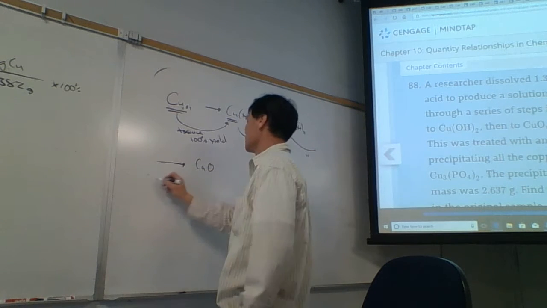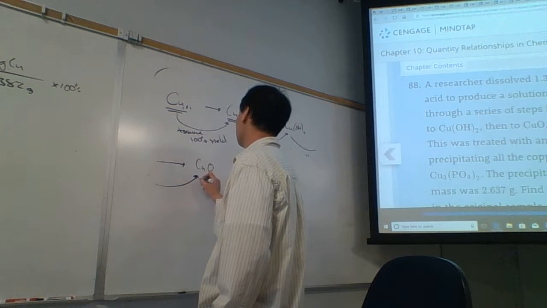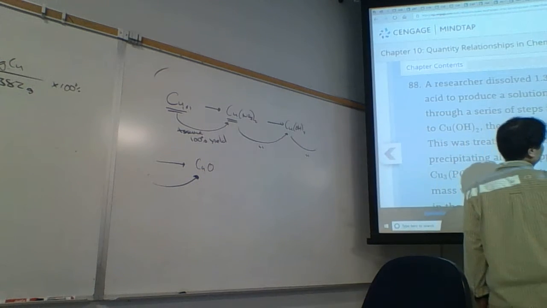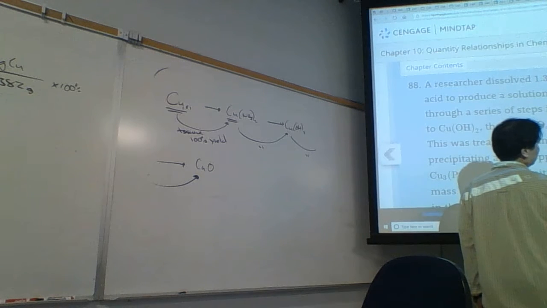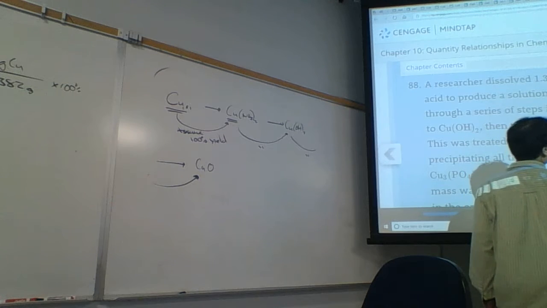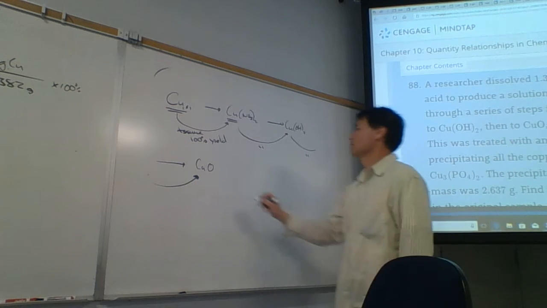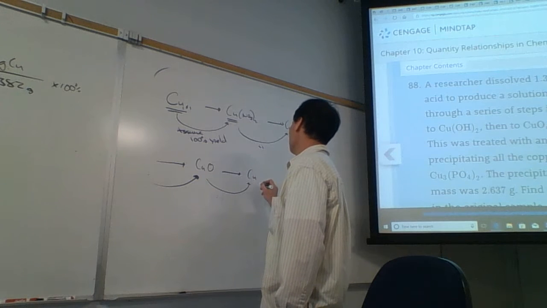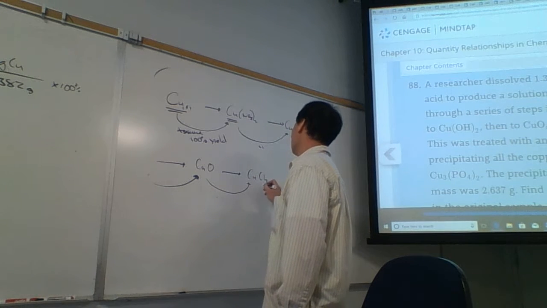We have to have 100% yield here for this to work. And that is possible here, if you don't try to isolate it and separate it. You just keep going. And then the copper 2 oxide is converted into copper 2 chloride. And so all the copper ends up here in copper 2 chloride.